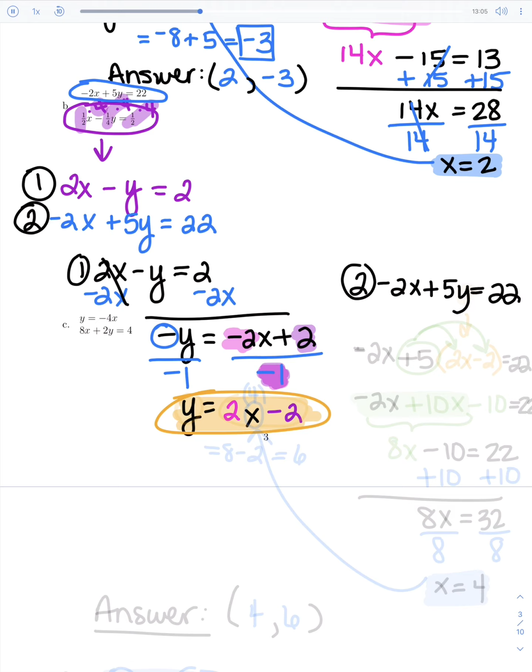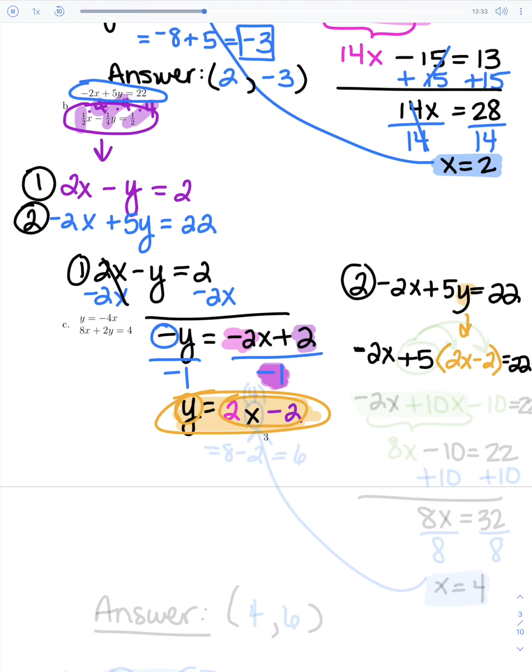So we said that we were going to replace the y with this 2x minus 2. And again, don't forget your parentheses. It had a plus 5 out in front and a negative 2x out in front, and it equaled 22.